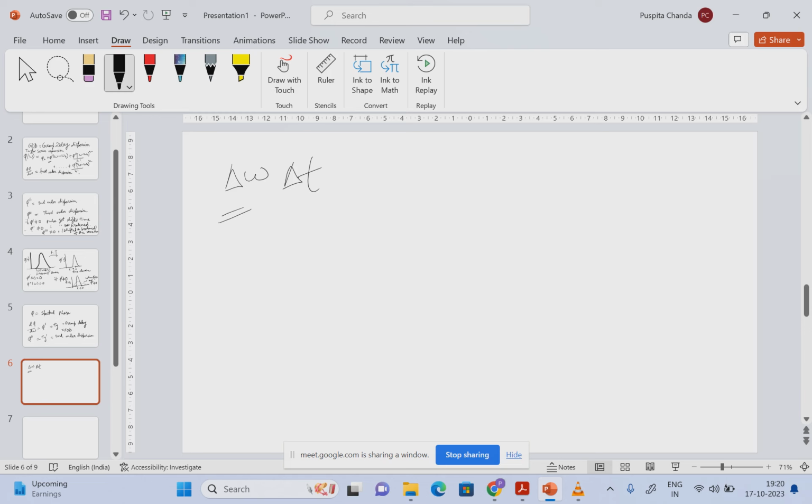So there is a relation between these two. The product of these cannot be greater than k. It will always be less than or equal to k.